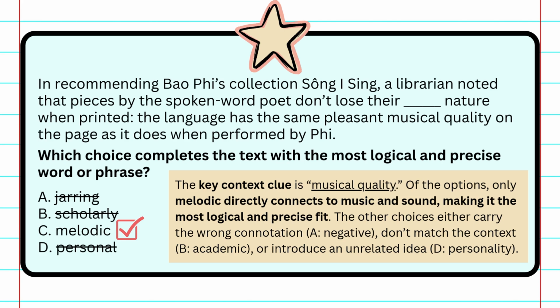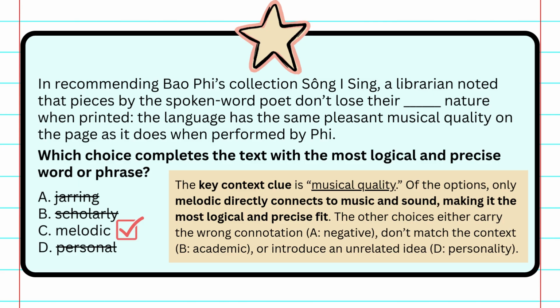The sentence explains that Balfi's poems keep the same pleasant musical quality on the page as when performed. The key context clue is "musical quality." Of the options, only "melodic" directly connects to music and sound, making it the most logical and precise fit.